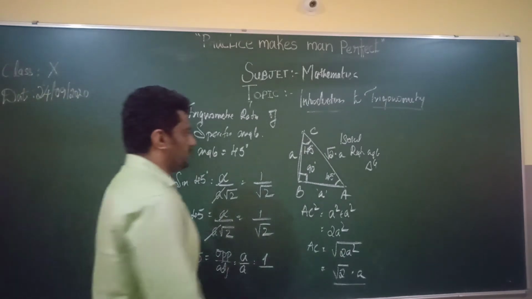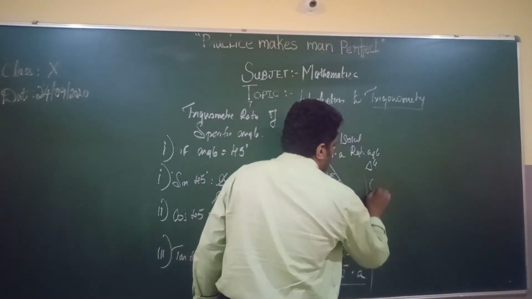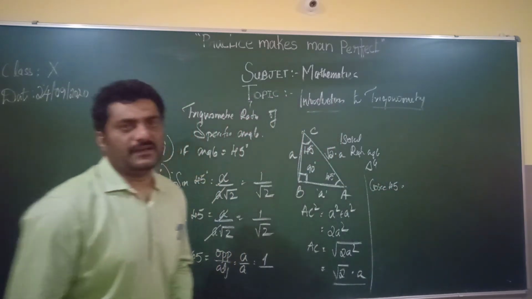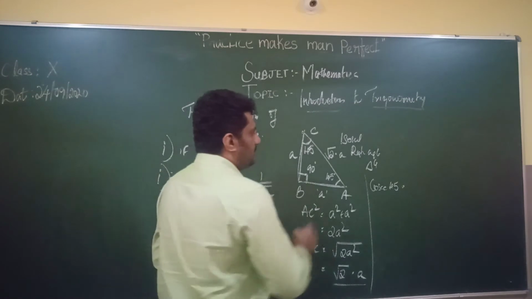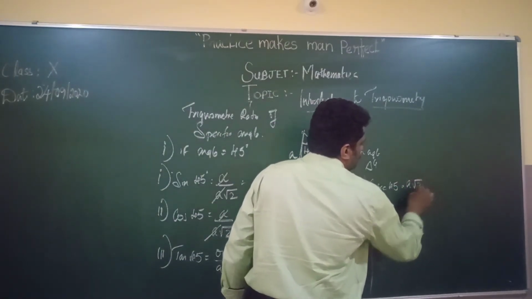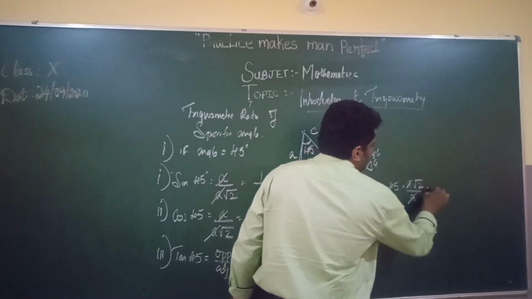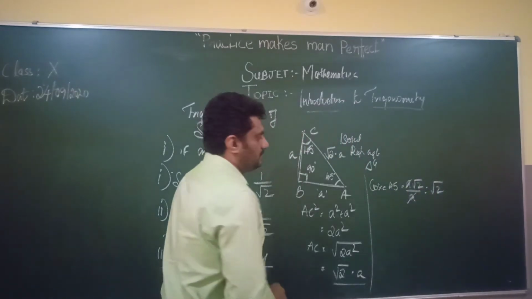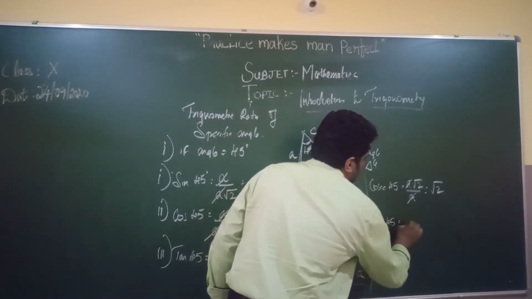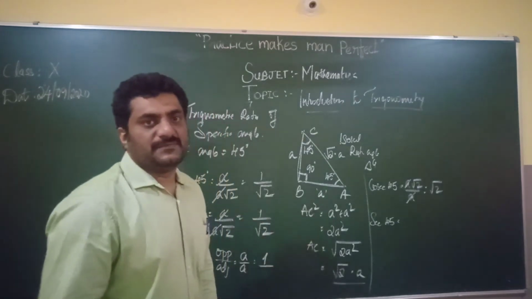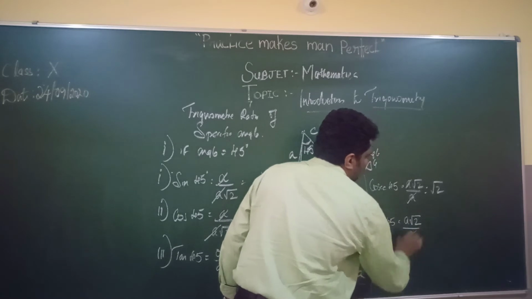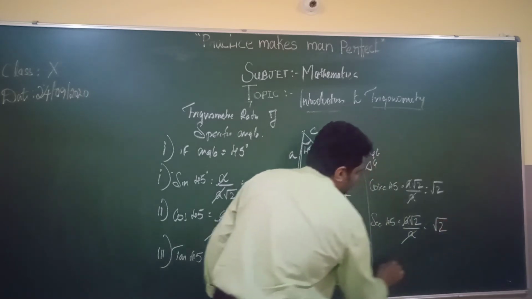Done with this? Now, cosecant 45. What is cosecant 45? Hypotenuse by opposite, which is A root 2 divided by A, gets cancelled, root 2. Secant 45 is again hypotenuse by adjacent, A root 2 divided by A, which is root 2.